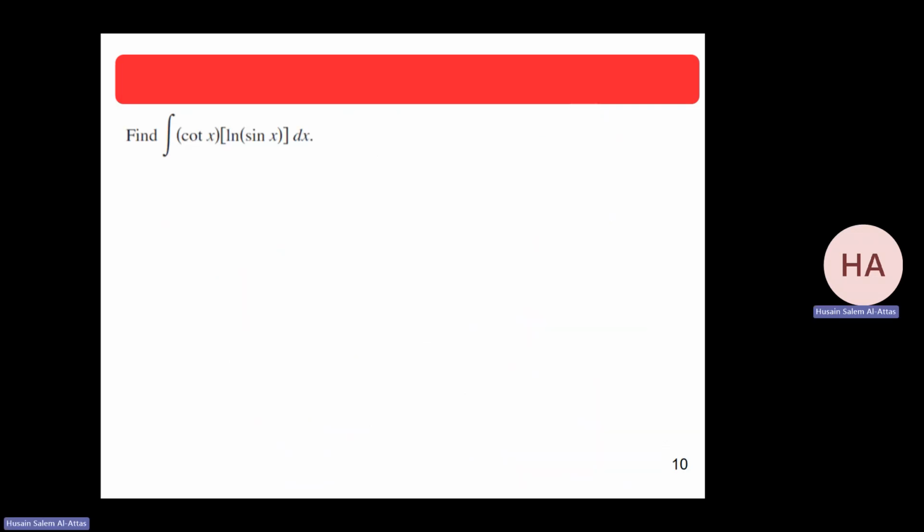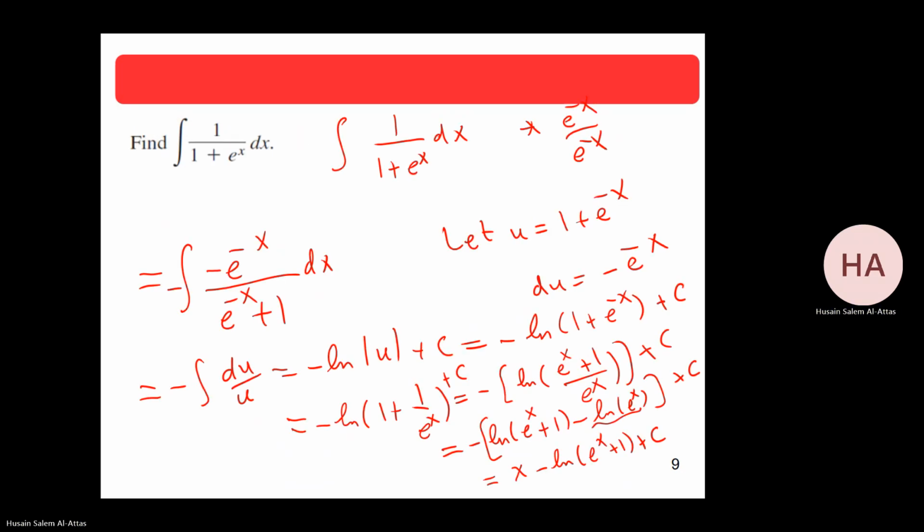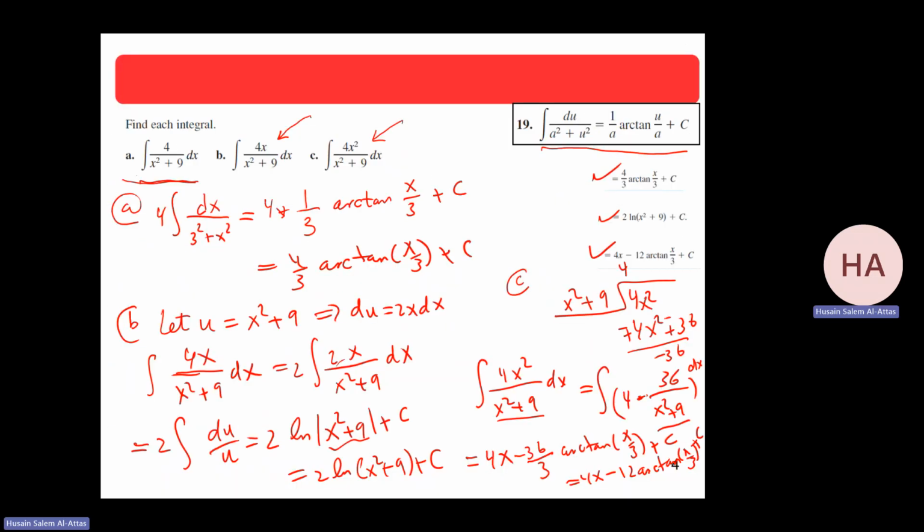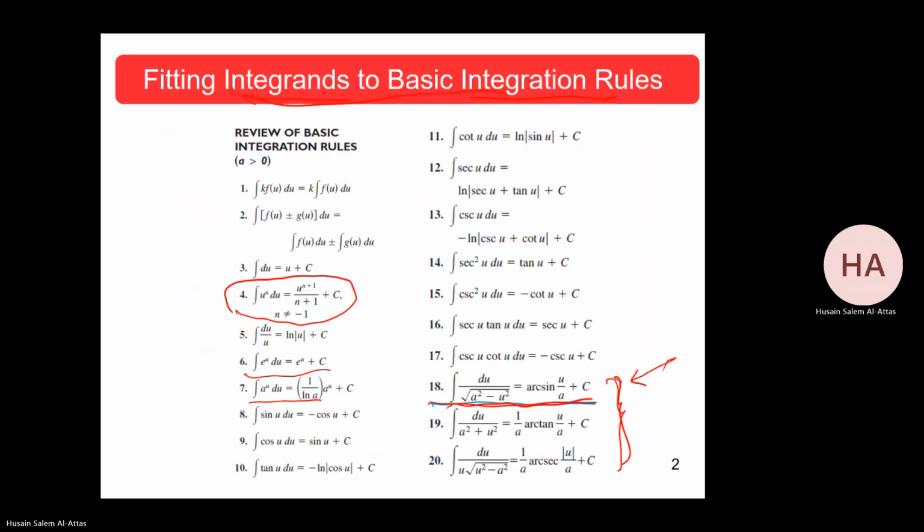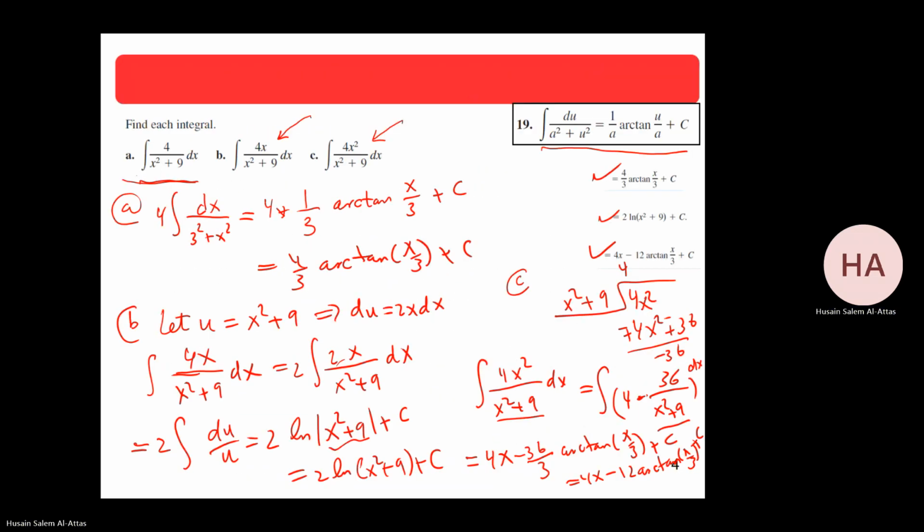Next, integral of cotan x ln of sine x dx. What is this? If you remember, go back to the formulas. Look at this: integral of cotan is ln sine. So this is my du.